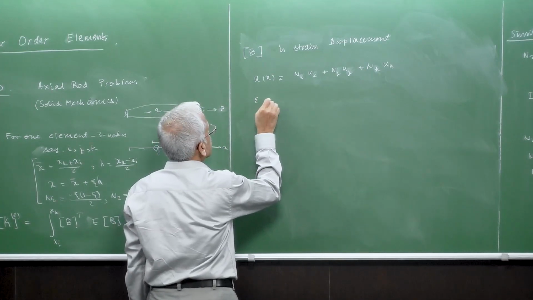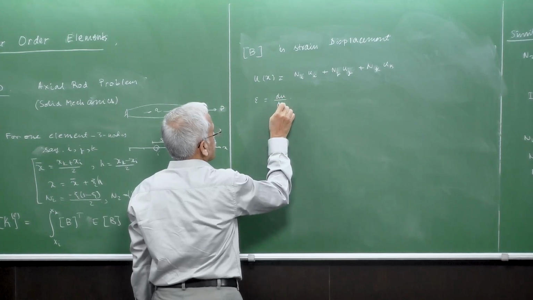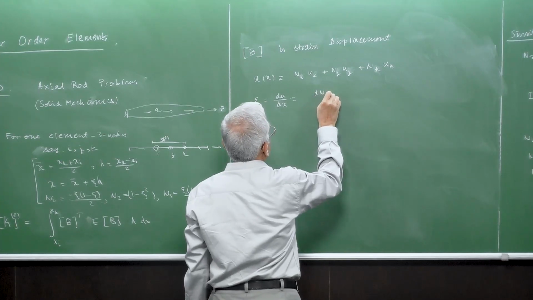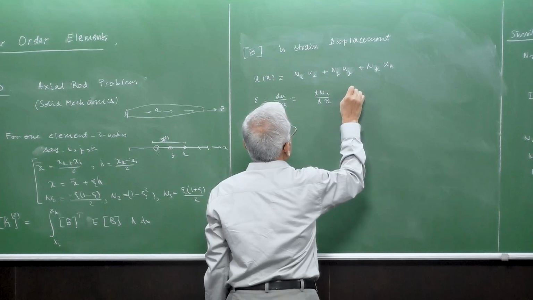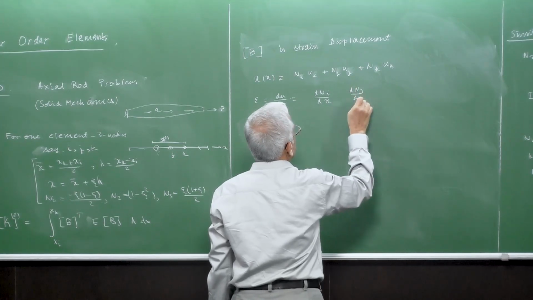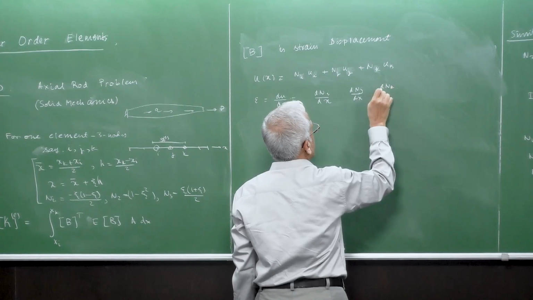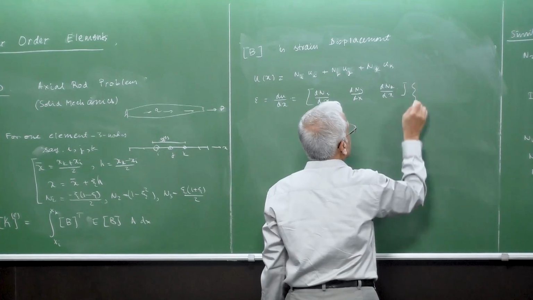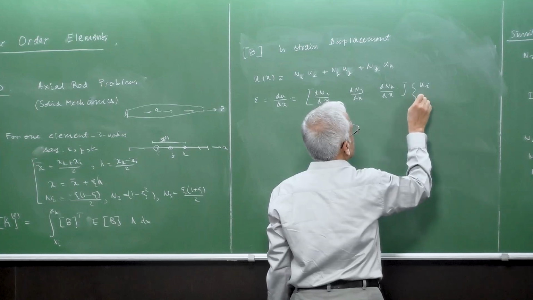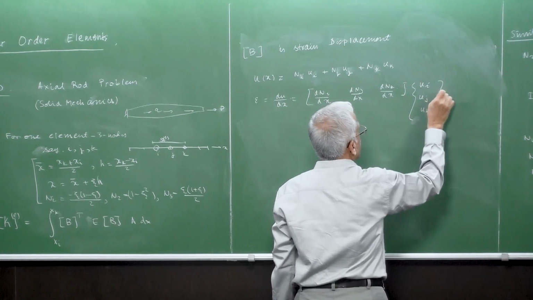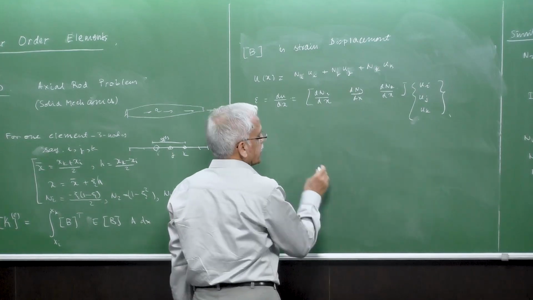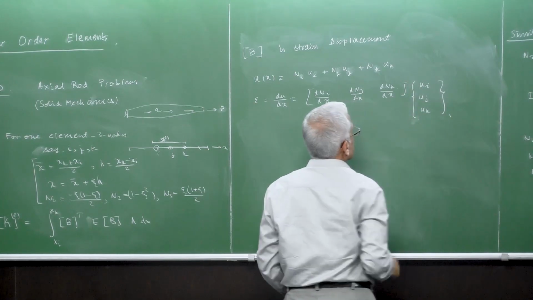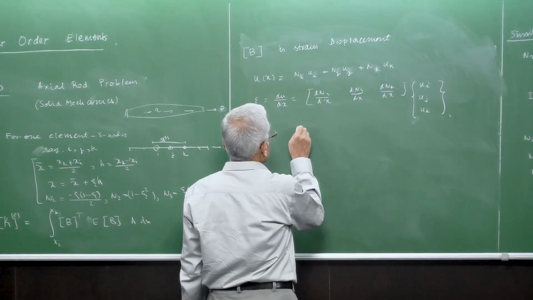And epsilon here is of course only one quantity, which is dNi by dx, dNj by dx, dNk by dx. So this is the matrix B here. So this is the matrix B here, right?